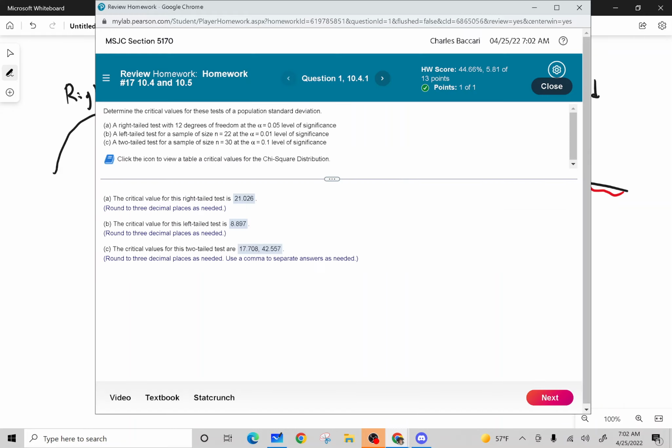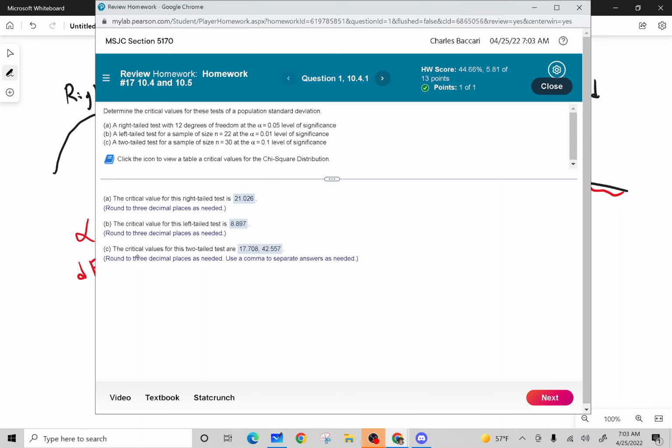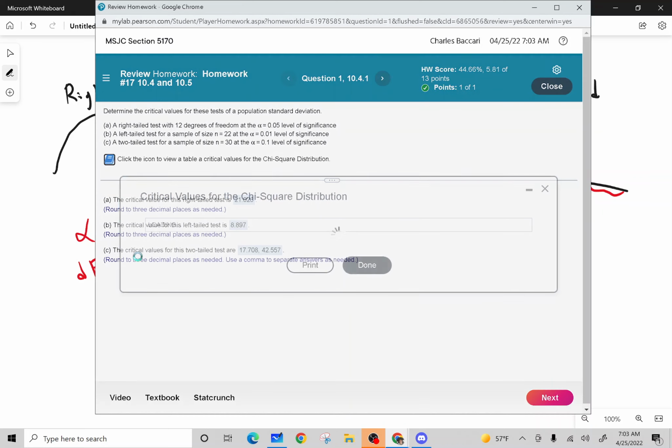So what you're going to do for this is we've got a right-tailed test with 12 degrees of freedom and alpha being 0.05. Degrees of freedom is 12. And all we need to do now is just look on this table for the one that matches that.